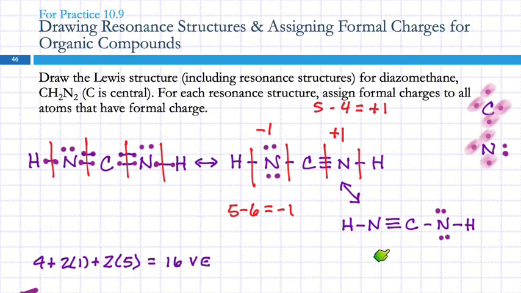And then for this guy, we can just look at what we did over here. This nitrogen is in the same situation that that nitrogen is in terms of electrons. So this is going to have a -1 formal charge. The nitrogen over here with the triple and the single bond, just like that guy, going to have a +1. Any questions?